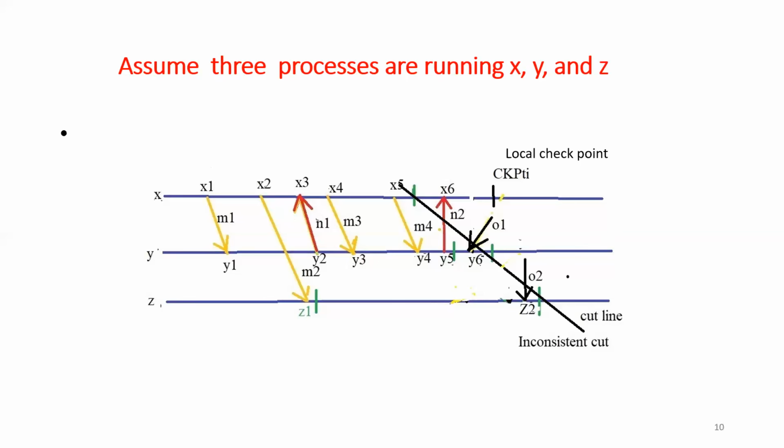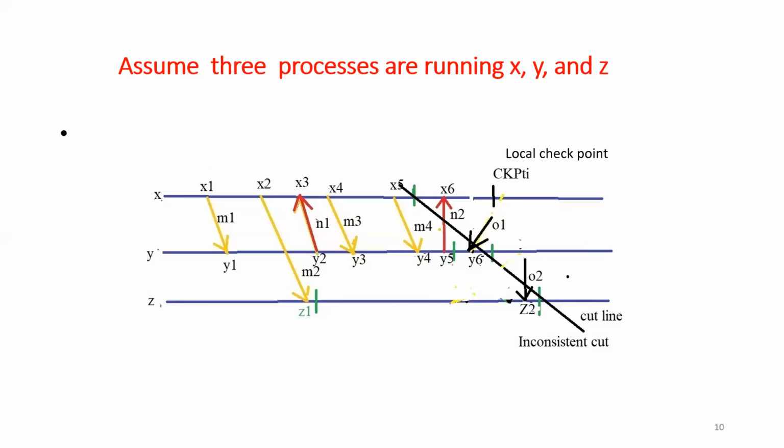These two messages are sent by process Y. And messages M1, M3, M4 are sent by process X to Y, and M2 is sent by process X to process Z.